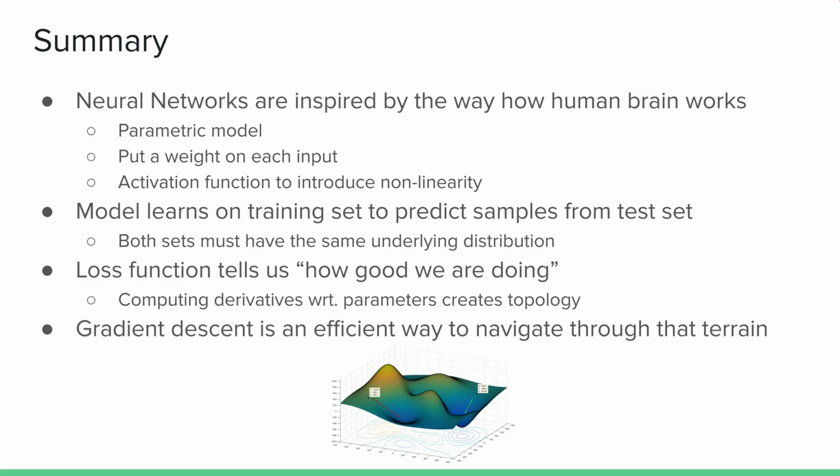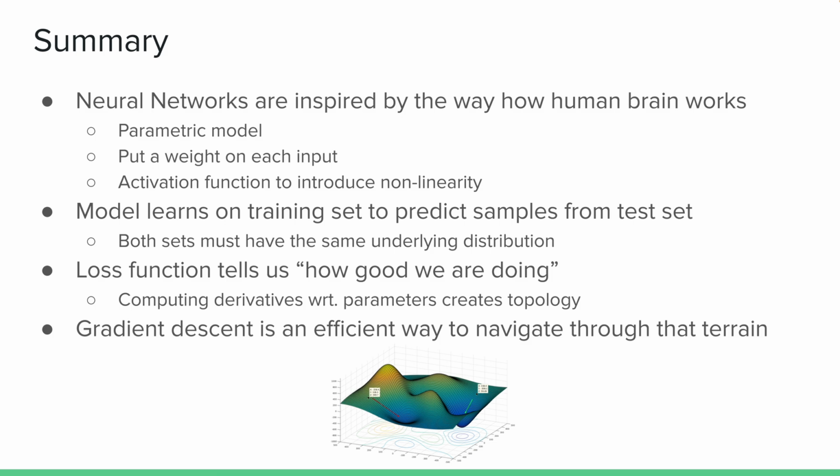The models learn on our training set to predict samples from the test set, and it's important that both come from the same underlying distribution for the model to generalize well to previously unseen data.